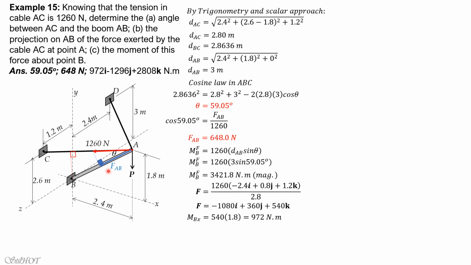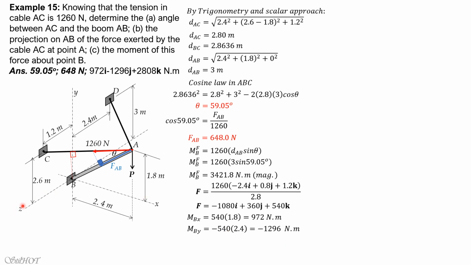Then the z component, ignore the y component because it is parallel to y. The z component, applying the right thumb rule, would be negative. So it is equal to negative 540, the moment arm, or distance with respect to the y-axis, is 2.4. So it is negative 540 times 2.4, so negative 1,296 newton meters.